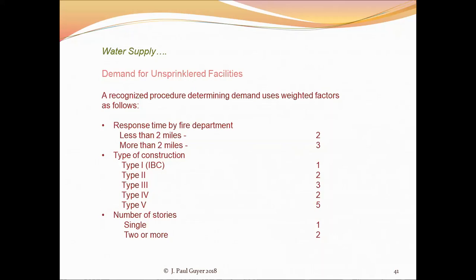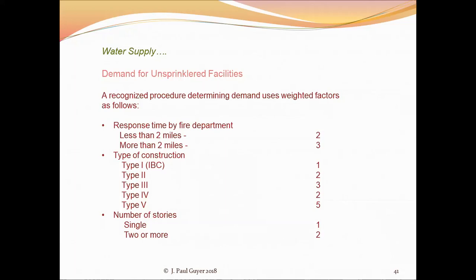What is the type of construction? And the types of construction are defined by code and range from the most vulnerable type of building, like a wood building, to the least vulnerable type, which would be a concrete building.